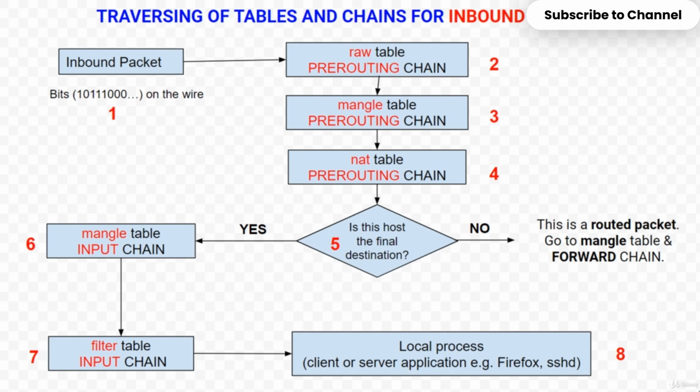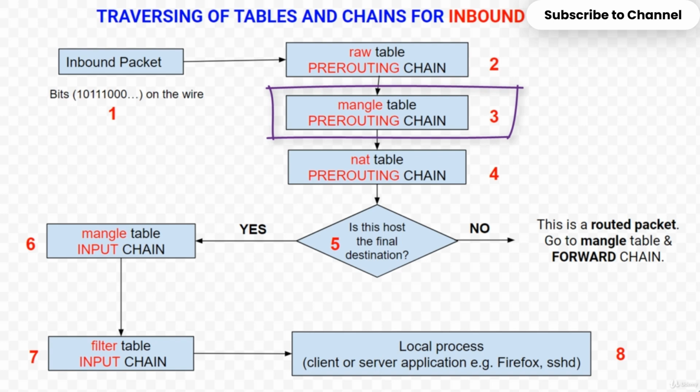The packet starts traversing the rules from the raw table of the pre-routing chain. This is where connection tracking takes place, and in this table and chain we add rules that match packets that should skip the connection tracking system. Then the packet traverses the mangle table of the pre-routing chain.